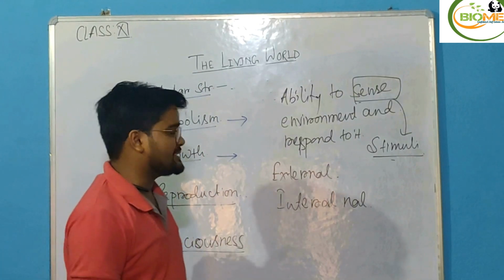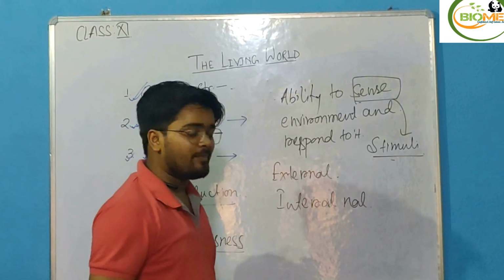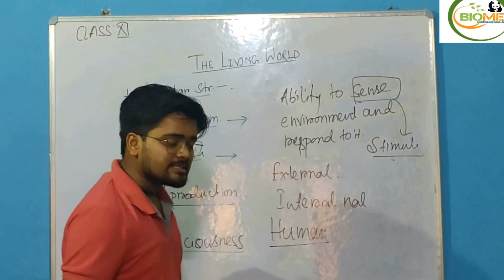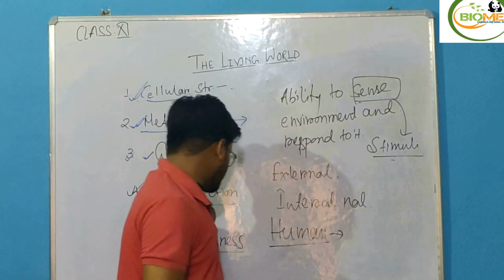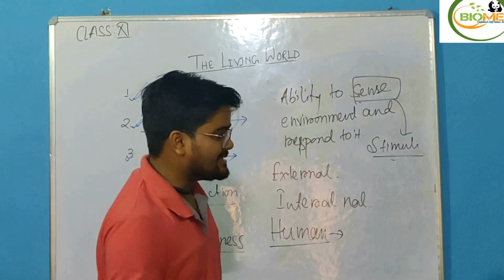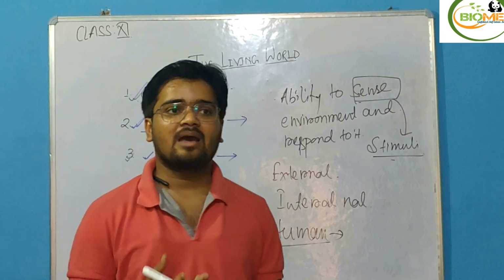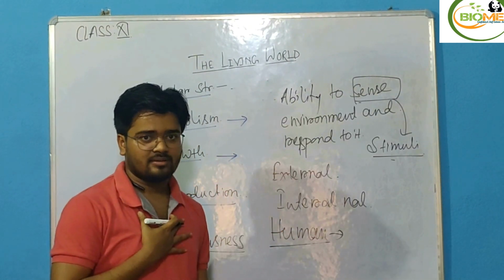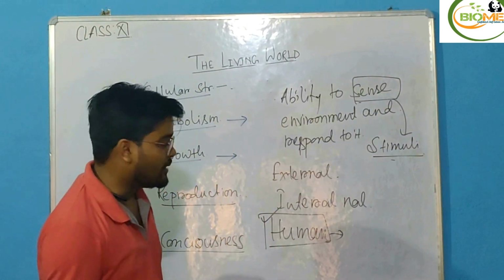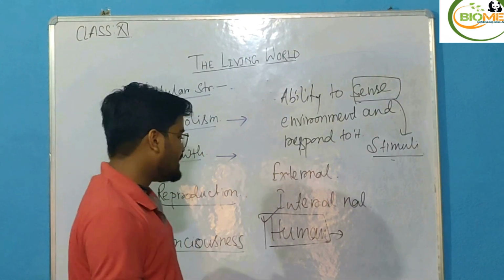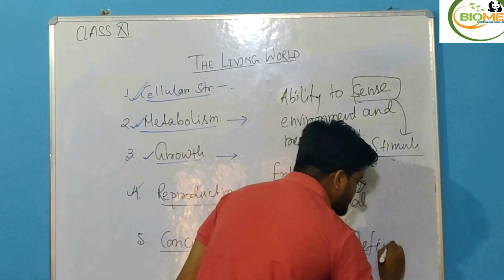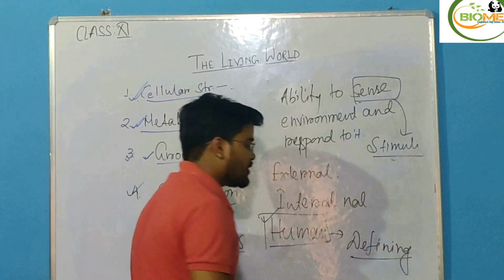But apart from that, humans are a little extraordinary. They have the ability to sense the environment, definitely, but also a sense of self. So the feature is more complex in human beings. Correct?